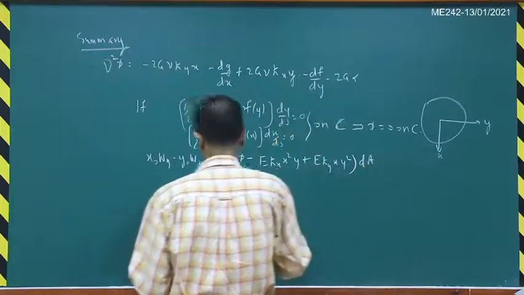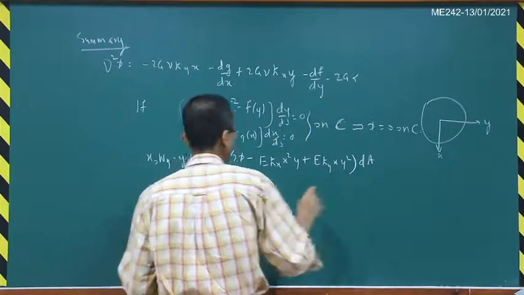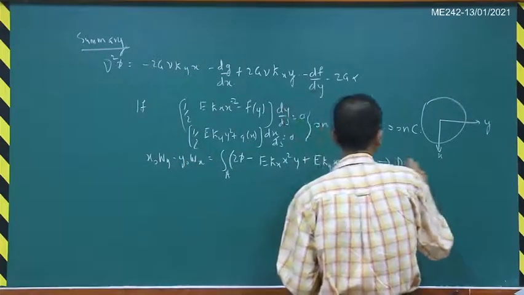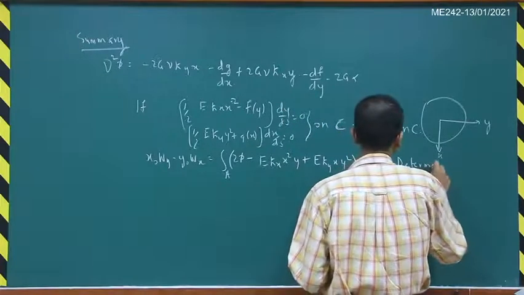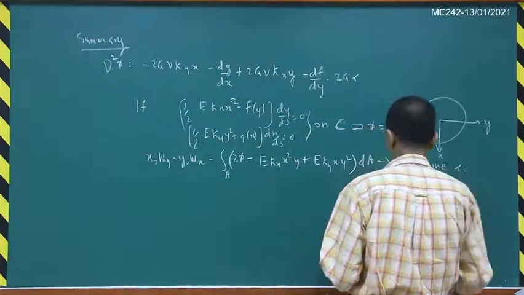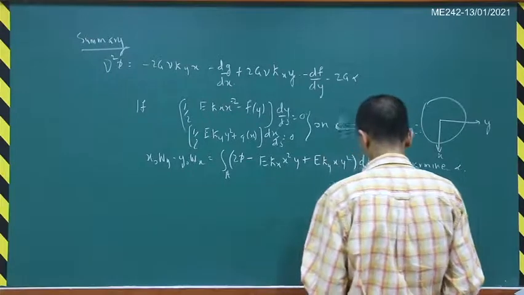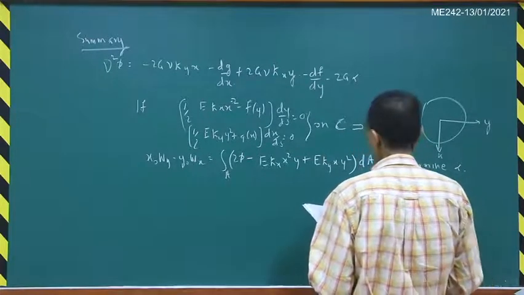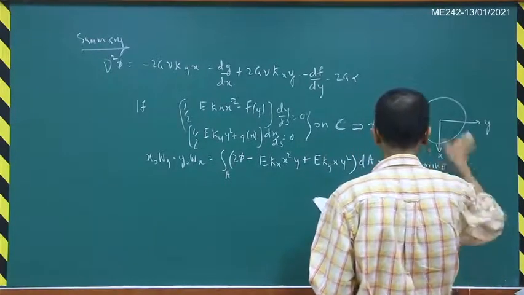This is used to determine alpha, and we saw last time that this alpha is a measure of twisting of the cross section.